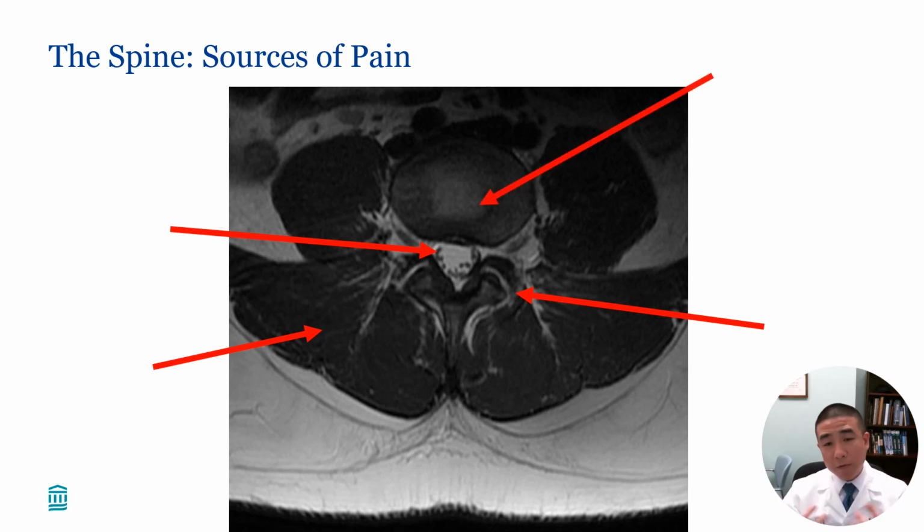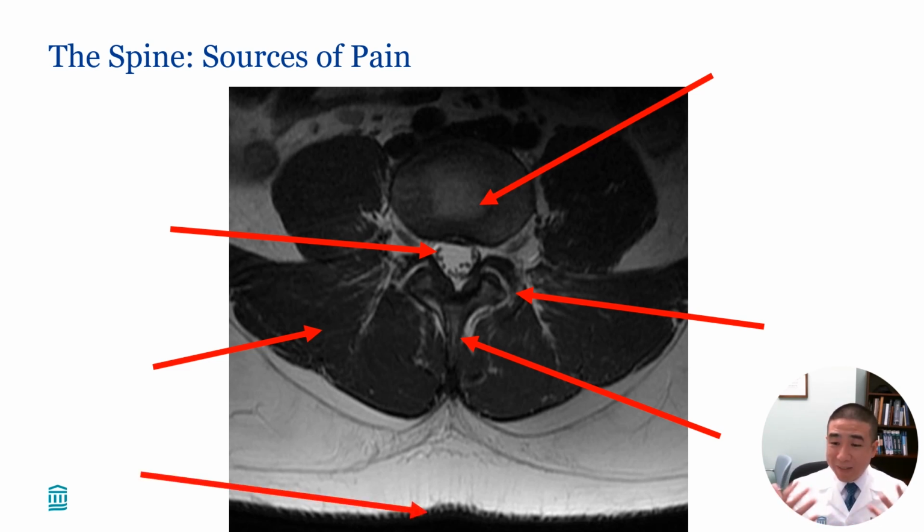It can be coming from the discs, a discogenic pain, as well as the bones themselves. So not just the spinous processes, but the actual vertebral bodies. They can all hurt and can be associated with various pathologies. And sometimes it's not even within the muscles or the bones or the nerves. Even the skin itself, right, can be felt as back pain. And so anything in that region you really want to be thinking about and be sensitive to.